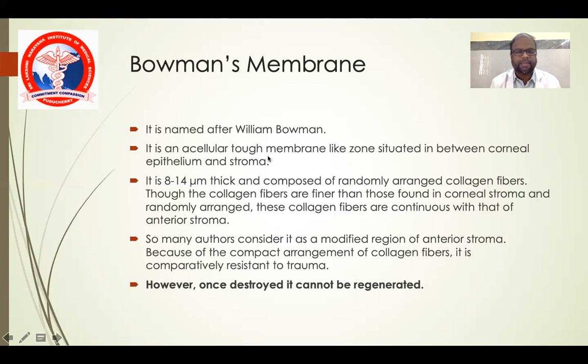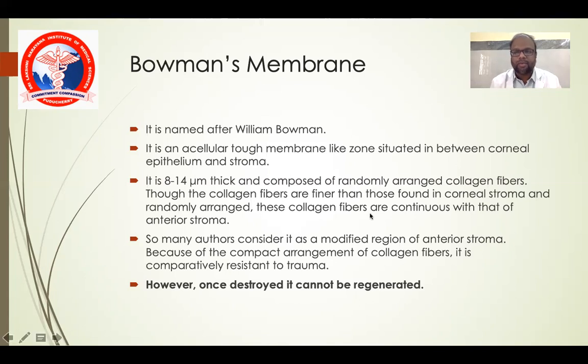It is 8 to 14 microns thick and is composed of randomly arranged collagens. Unlike the stroma, these collagens are randomly arranged. That is, they are finer than those in the corneal stroma. They are thinner and randomly arranged.